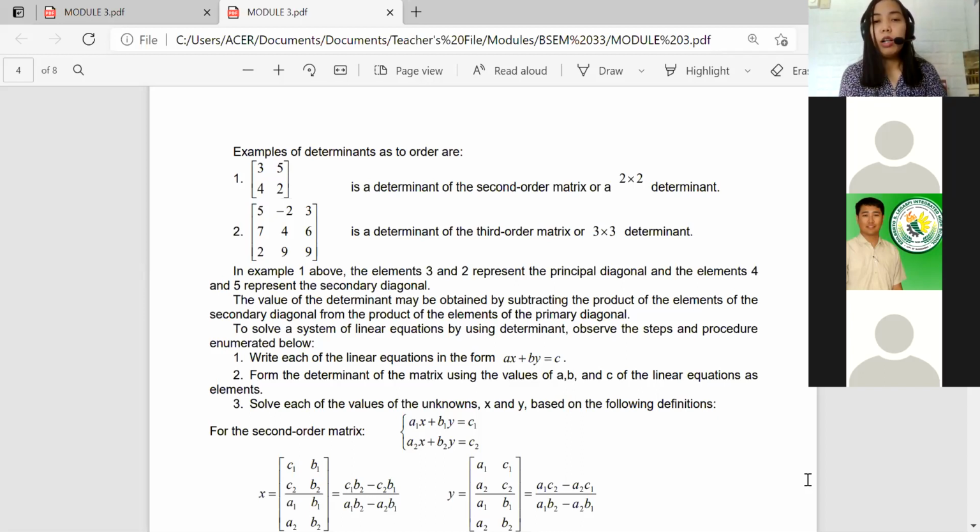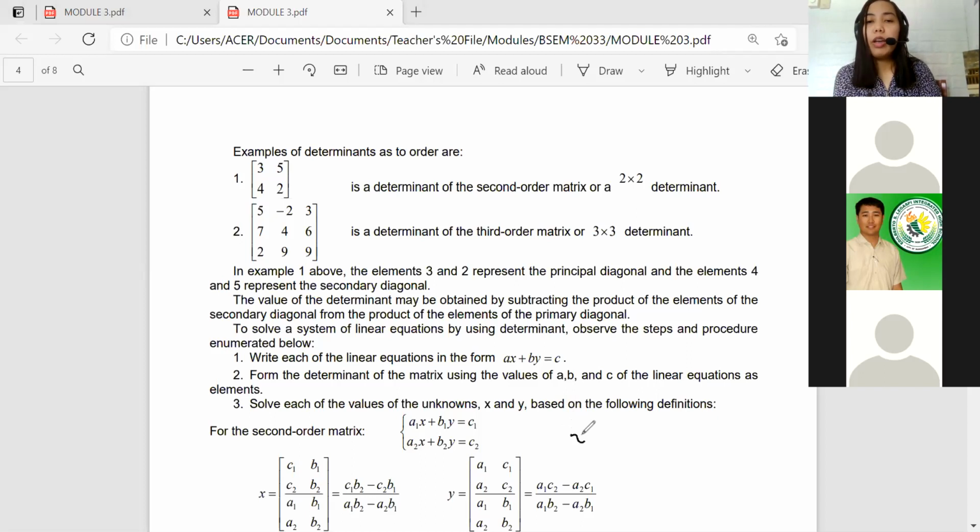And then solve each of the values of the unknowns x and y based on the following definition. If we are asked to find x, we just need to get the determinants Dx and Dy.